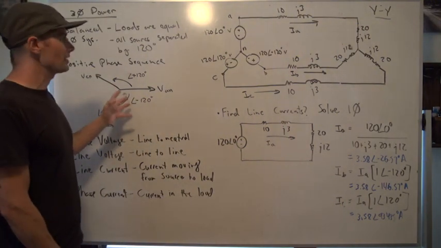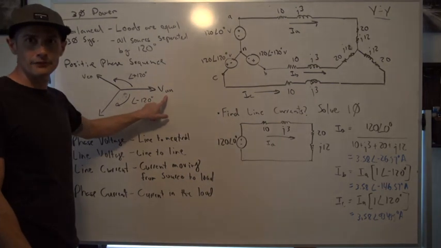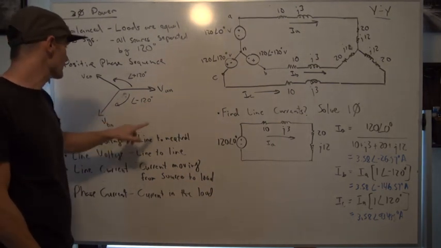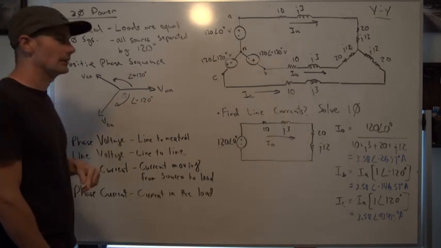But when we consider the positive phase sequence, once again, VAN, our reference voltage, is separated from VBN by 120 degrees and VCN by 120 degrees.